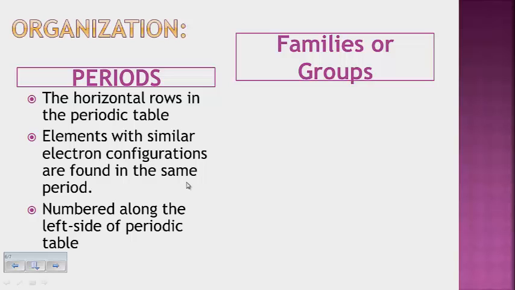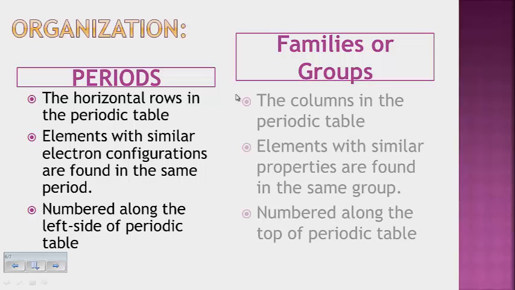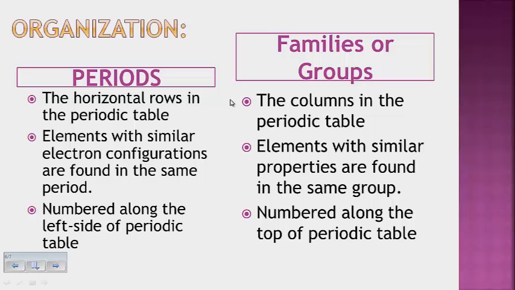Okay. Leading us to your columns. Your columns are called families and groups. They are organized based on similar properties. So, for instance, everything in column 1 will form a +1 ion.